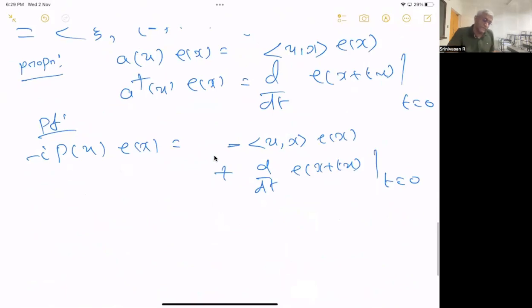If you put IU here, I will come out as minus I, and this will become plus UX. And here you have IU. So you take the plus with the other one, minus I of minus I P of U. Now here it is plus I P of U, right?